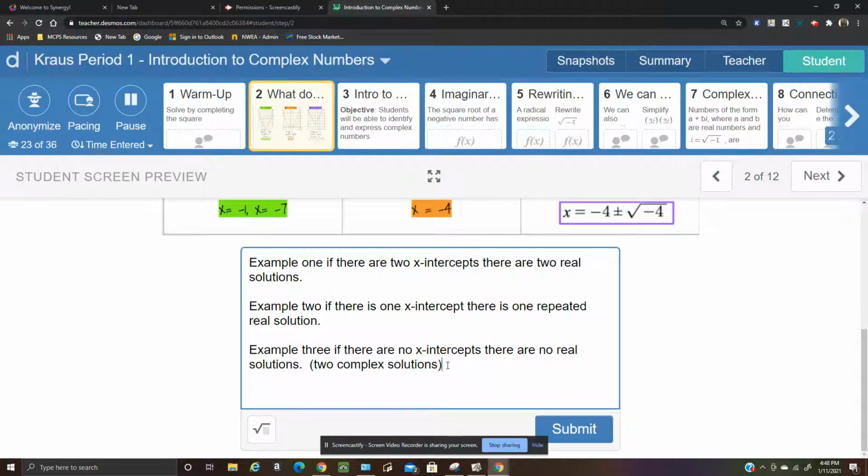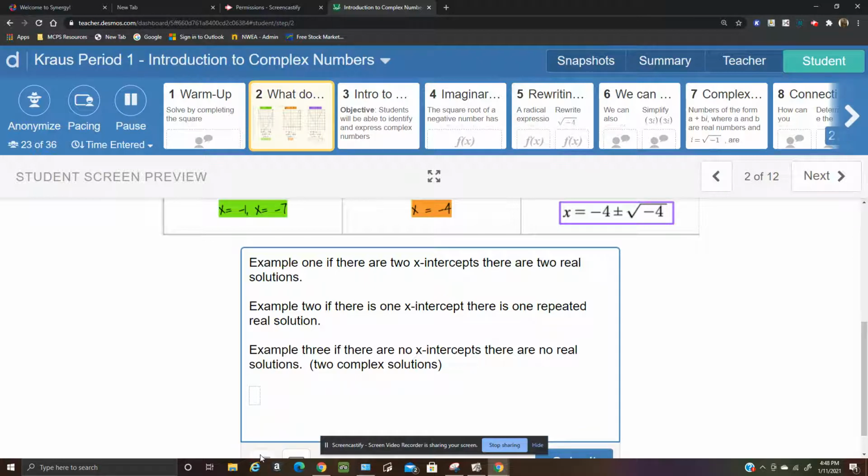Or one repeated complex solution, or one repeated imaginary solution. So another way we can do that is find the discriminant.